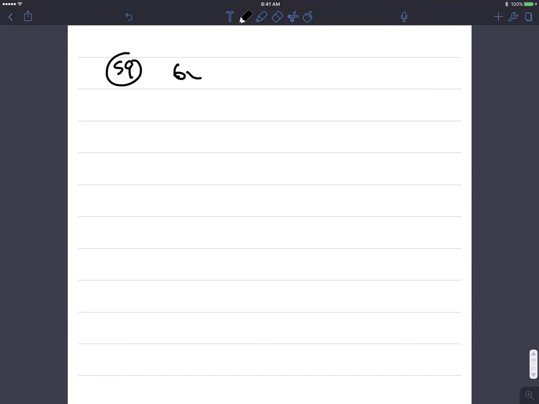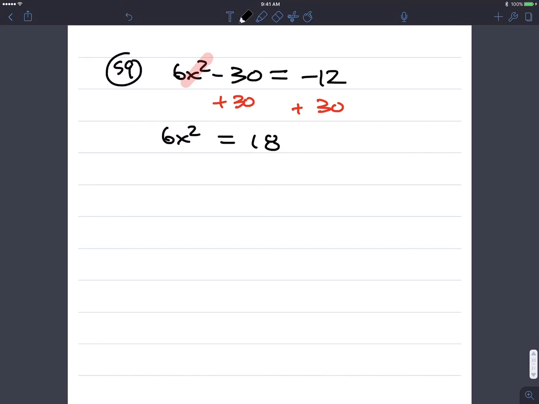59. 6x squared minus 30 is negative 12. We're going to have to solve for x squared. We're going to get x squared by itself, and how you do that is to add 30 to both sides. 6x squared is 18.